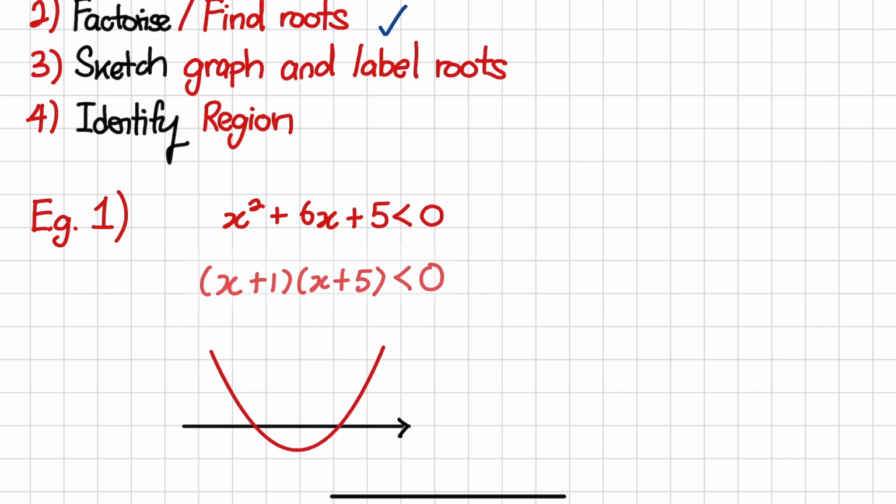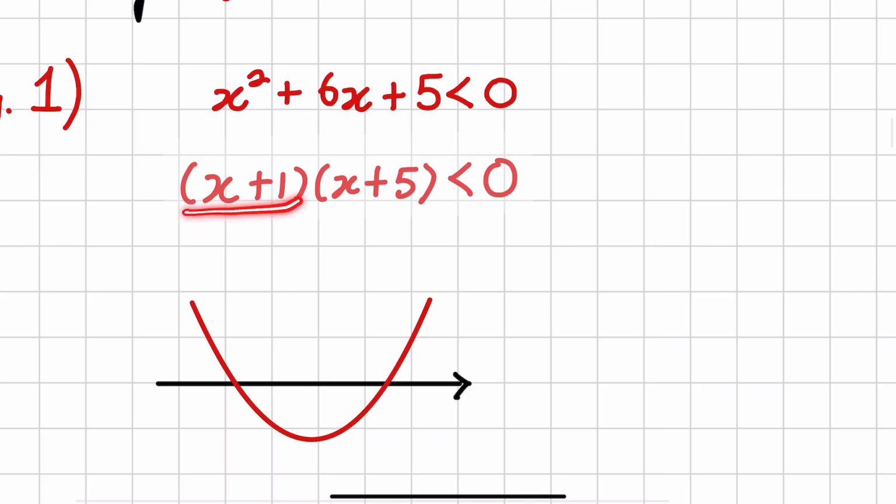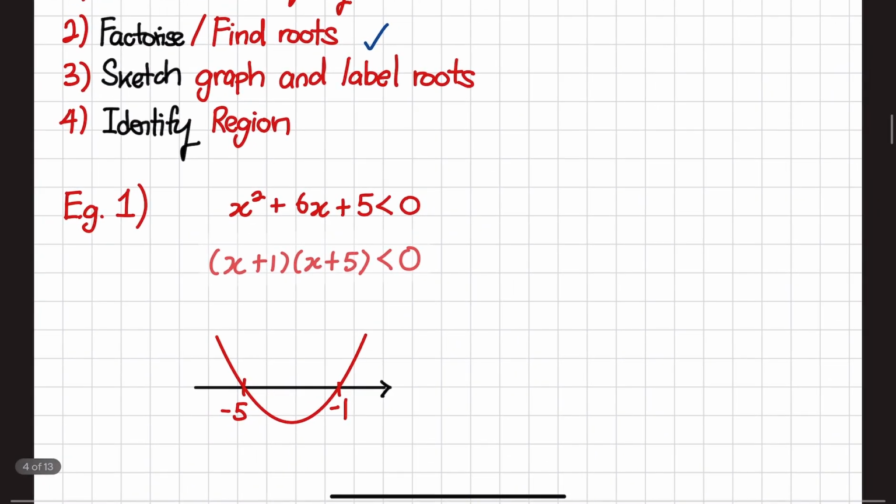And now I label my roots, meaning the intersection points between this graph and your x-axis. I know that based on this value over here, my roots are -1 and -5. This intersection here is negative, so therefore this will be -5, and this will be -1. So the sketching part and labelling roots is done.